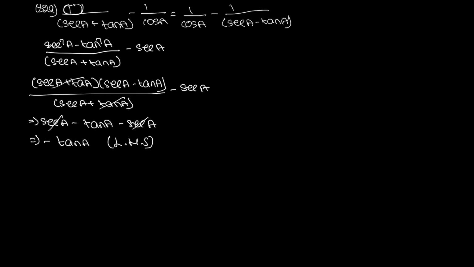Let's go with our RHS, which is 1 by cos minus 1 by secant A minus tan A. Again, this inverse of cos is nothing but secant.